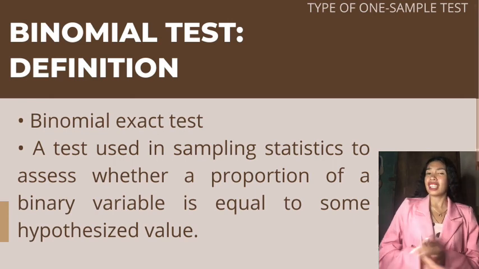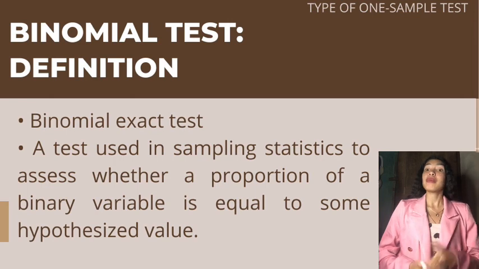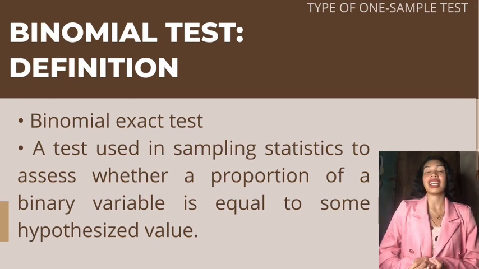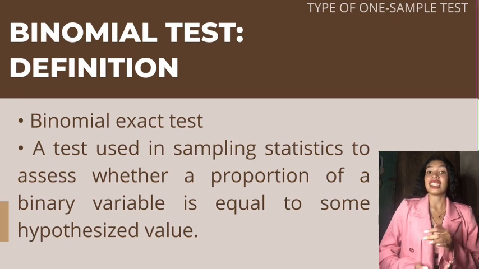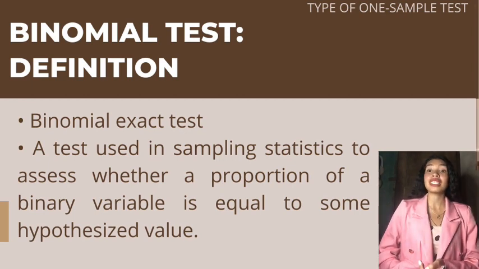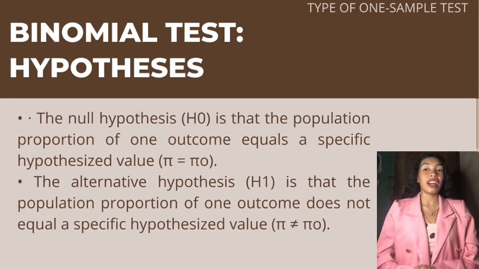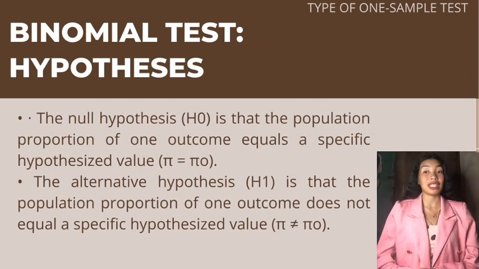So what is the binomial test? The binomial test, sometimes referred to as the binomial exact test, is a test used in sampling statistics to assess whether a proportion of a binary variable is equal to some hypothesized value. Now, what are the hypotheses of the binomial test?